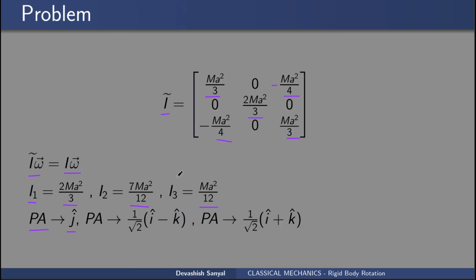And for I2, so we have given here the unit vectors. For I2, the unit vector will be 1 by root 2 (I cap minus k cap). And for ms square by 12, I3, the principal axis will be given by 1 by root 2 (I cap plus k cap).